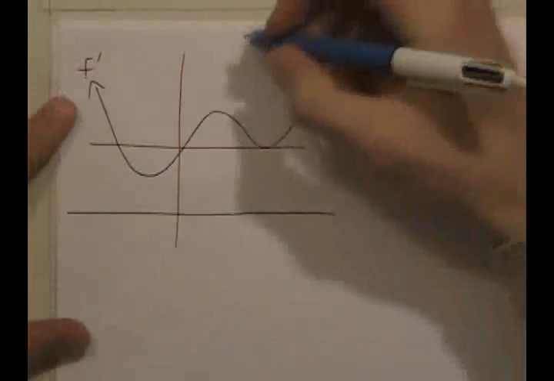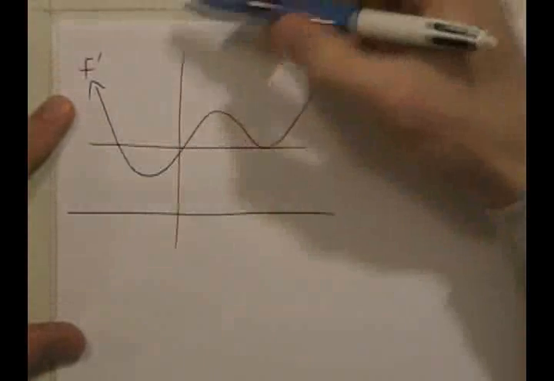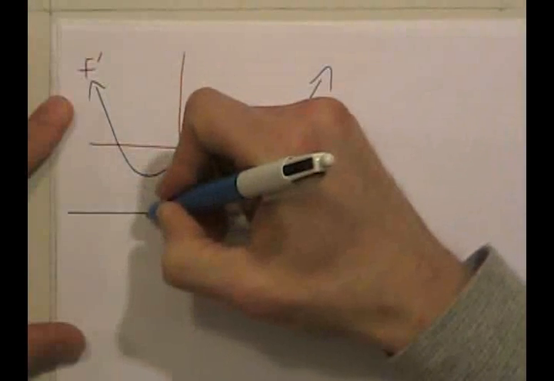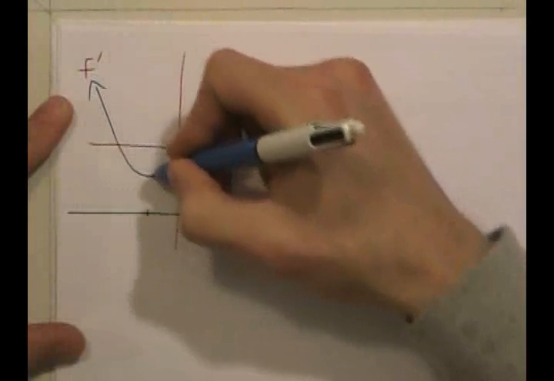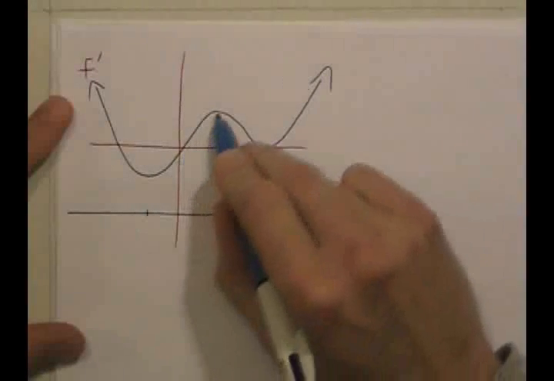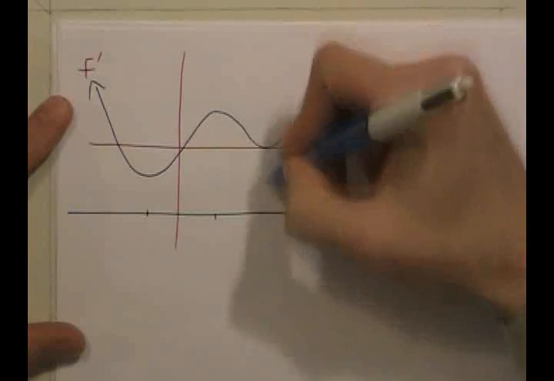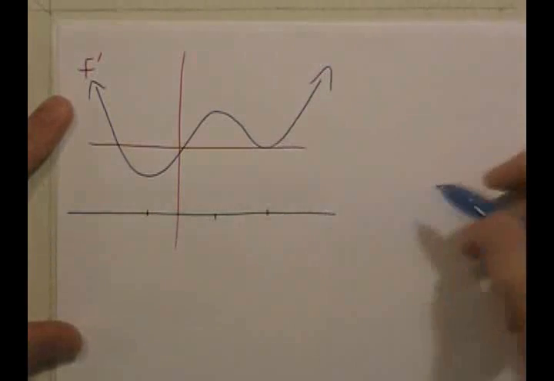You just look and see it's decreasing up until here, so that's going to be one spot, and then it's increasing from here to here, so that's another thing, and then it's decreasing from there to there, and then it's increasing thereafter.